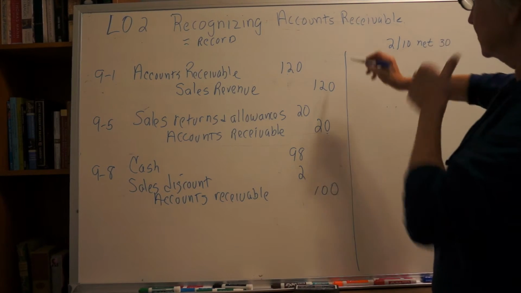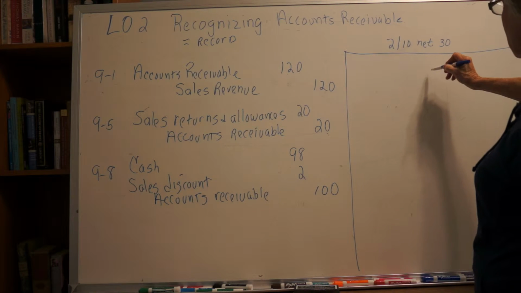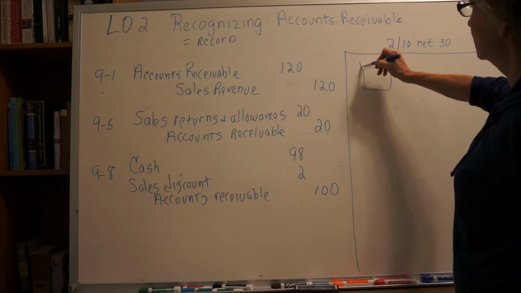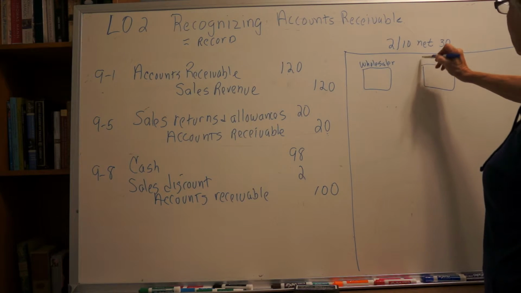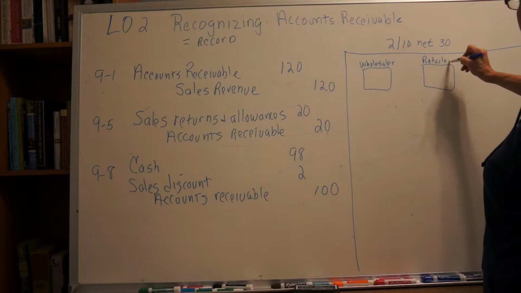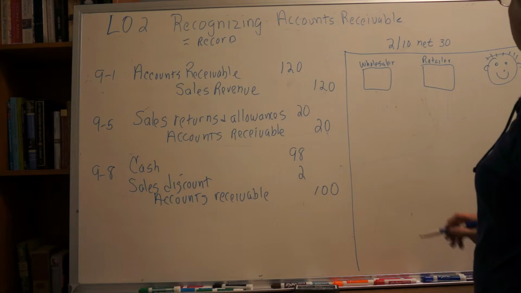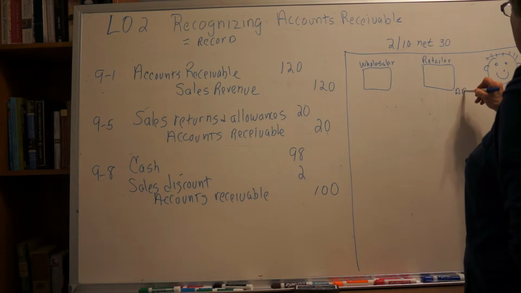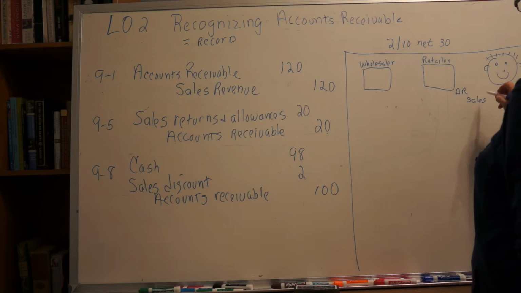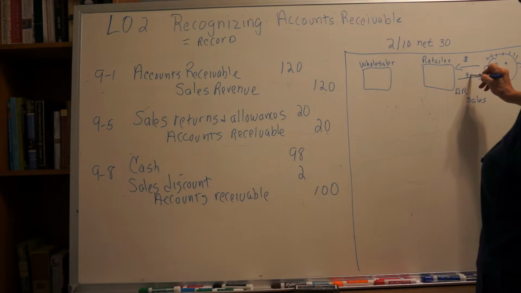And if you go back, I know in chapter 5 I do a little thing where I draw out the different relationships, and so you have maybe a wholesaler here, you might have the retailer here, and then you have the customer here, the happy customer, mostly happy, okay? And so here you've got accounts receivable, and you've got your sales revenue, and you've got the money flowing this way, and you've got the goods and services flowing that way.